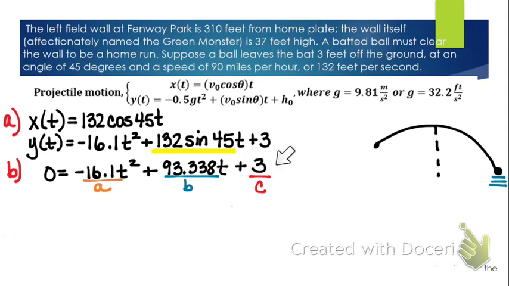And this is not factorable, so we have no choice but to use the quadratic formula. So that is x equals opposite of b, so that would be negative 93.338. And then we have to do this twice. You're going to do it with addition, and you're going to do it again with subtraction.